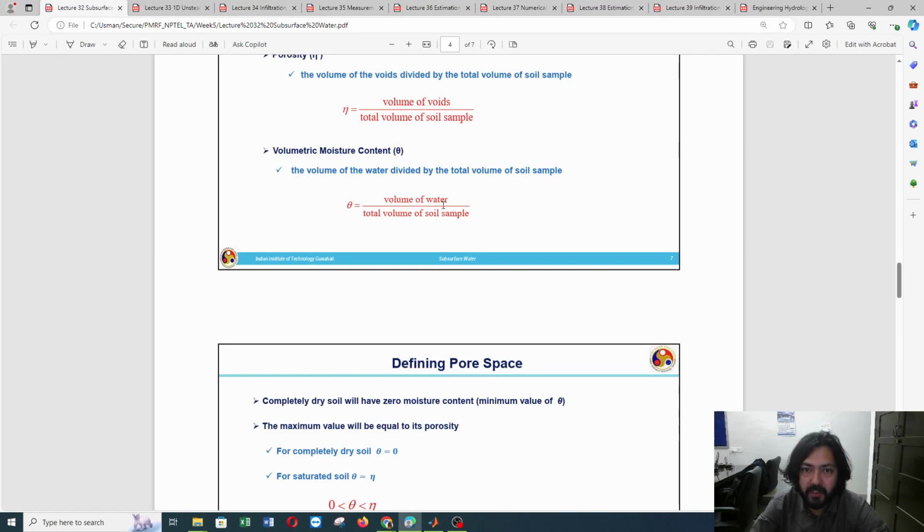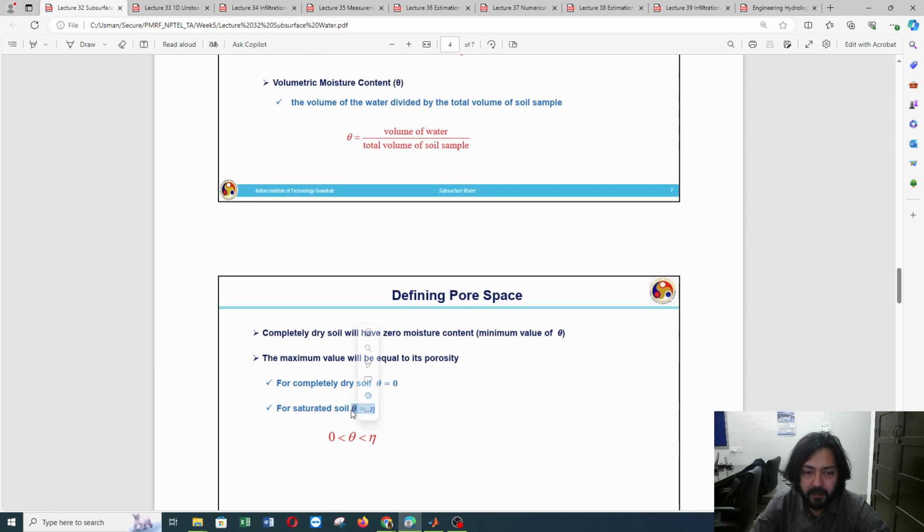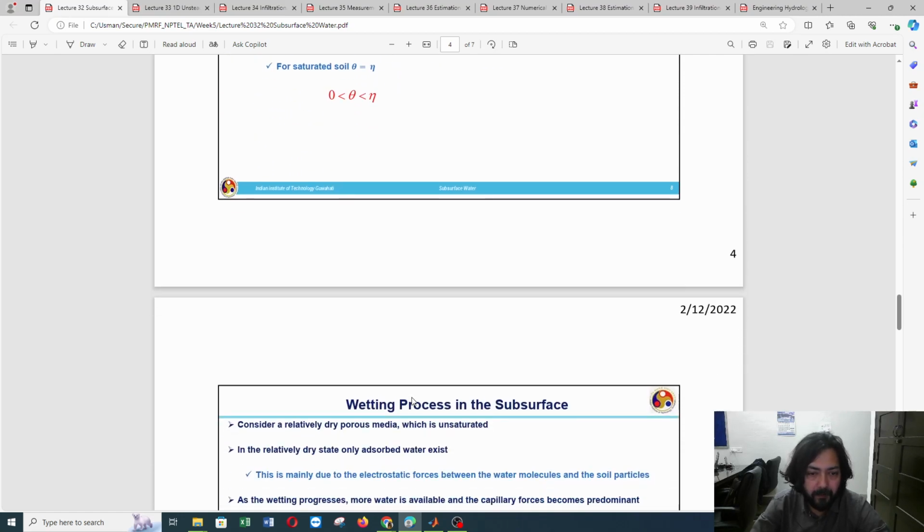There is no air space inside the soil. In that case the moisture content will be equal to porosity. So the range of moisture content is from 0 to porosity: 0 when the soil is dry and porosity when the soil is completely saturated.